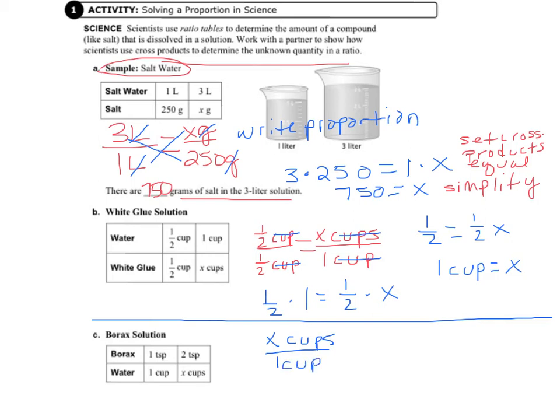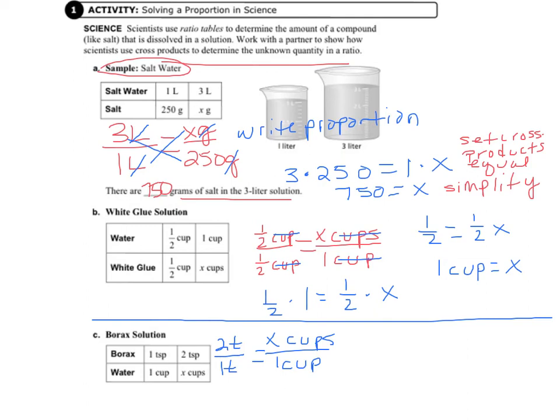And so we went from right to left on the bottom layer of our chart. So that means we need to go from right to left on the top layer of our chart. So that means that we need to have 2 teaspoons on the top and 1 teaspoon on the bottom.